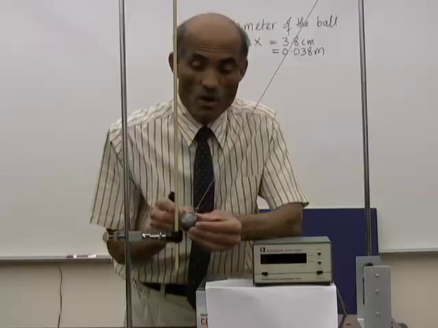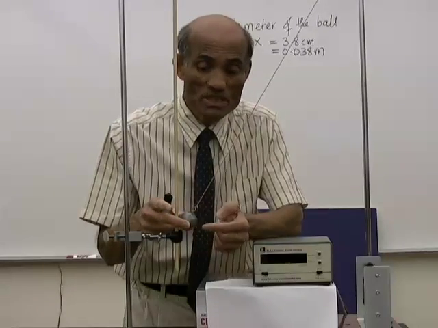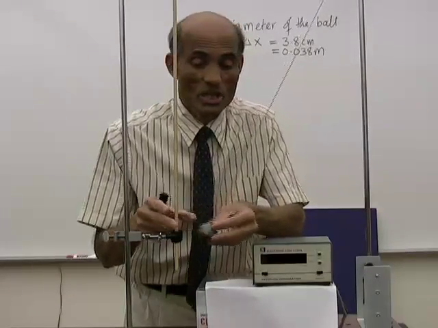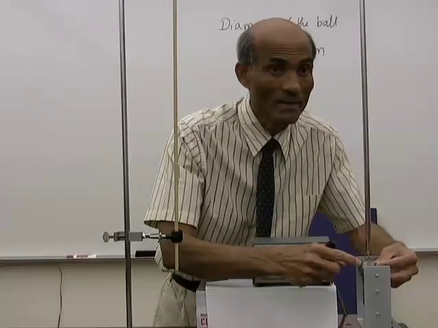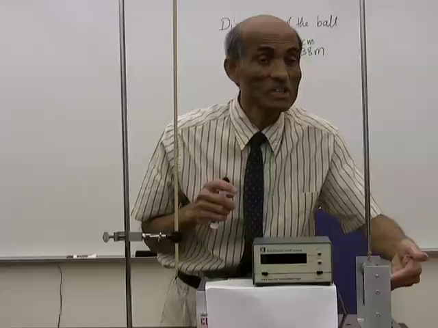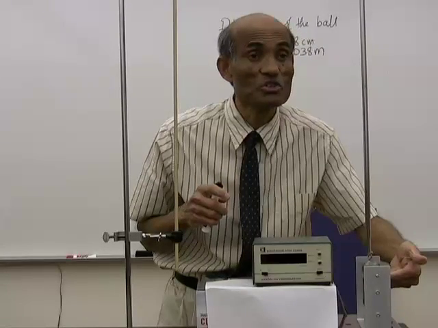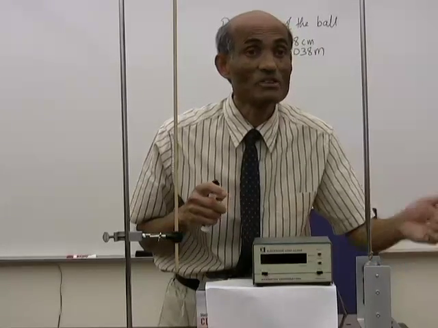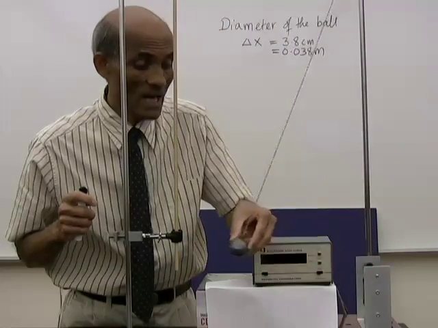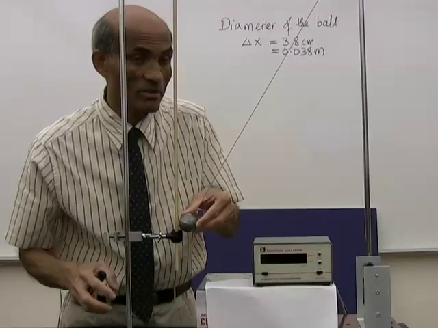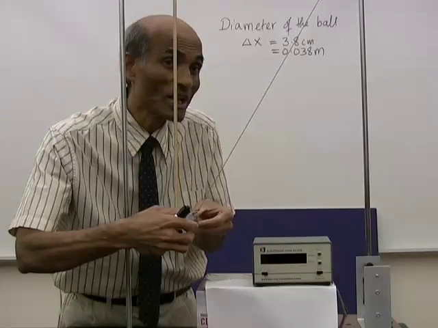Okay. Now once you raise it to this height, you can see the initial position of the ball is here. We will assume that its potential energy there is 0 and its kinetic energy also is 0. When you raise it to a height h, you are giving it potential energy.